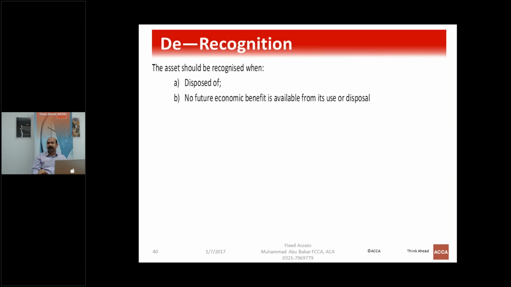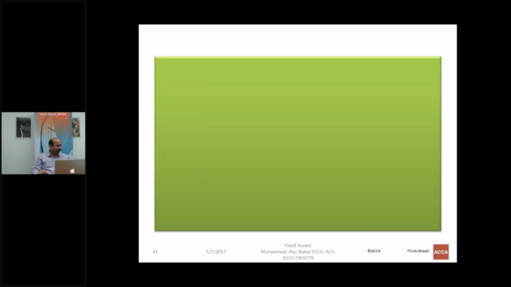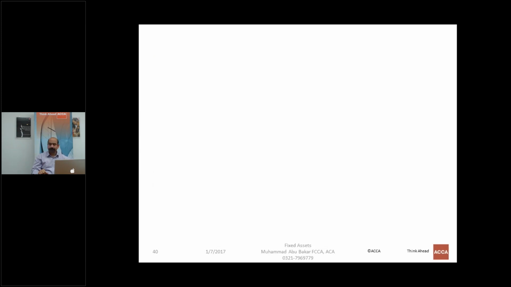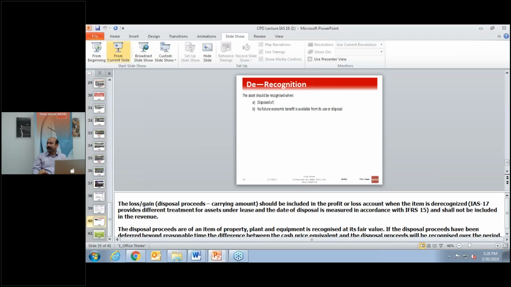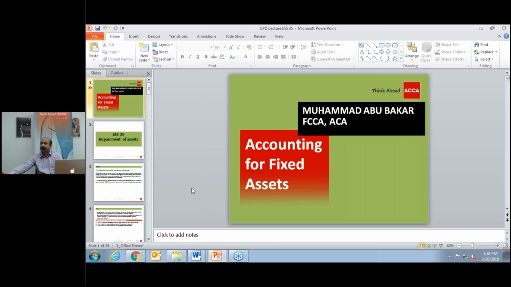So this is the derecognition of the fixed asset, and now we move to International Accounting Standard 36. Don't worry, I can understand that the last case study was a lengthy one.